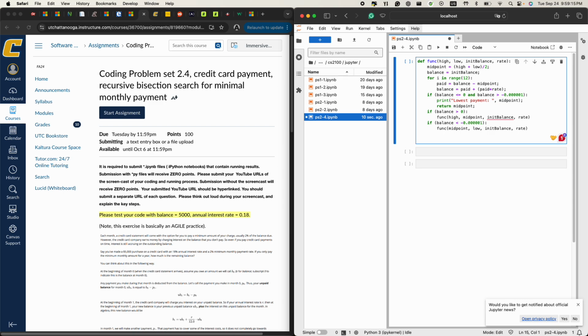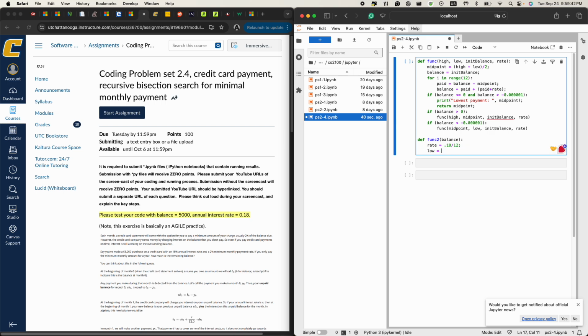Now we'll create an entry for it. And this one, we'll just take the balance. And then inside of it, we will declare a rate and the high and low bounds. The rate will be, in this case, 18%, accounted for monthly over a year, divided by 12.